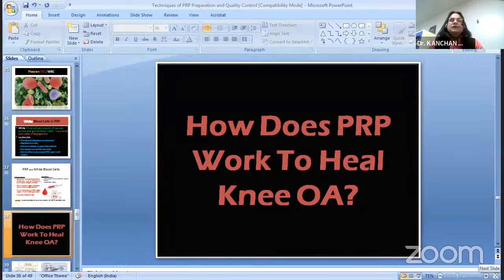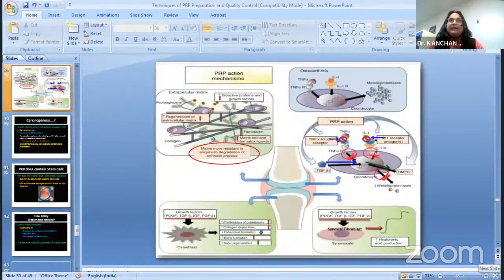So how does PRP work to heal the knee? In the earlier slide, I think the starting slide, I told you the molecular mechanism by which osteoarthritis occurs. Again, one of the mechanisms of PRP: the plasma has a lot of TNF-alpha receptor and IL-1 receptor.